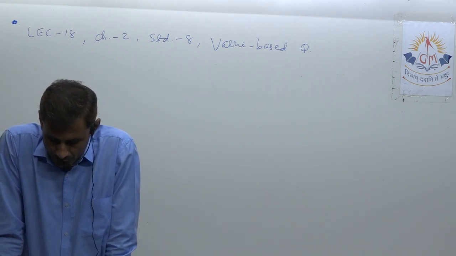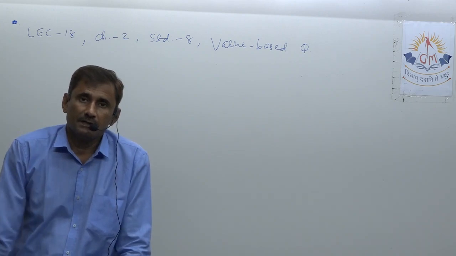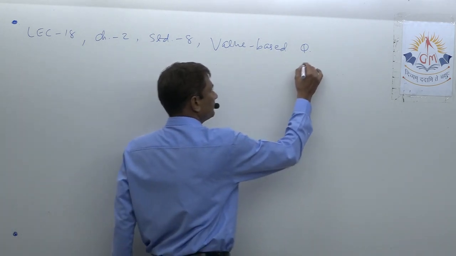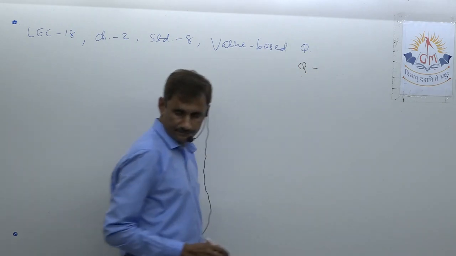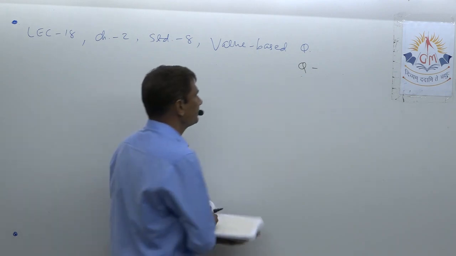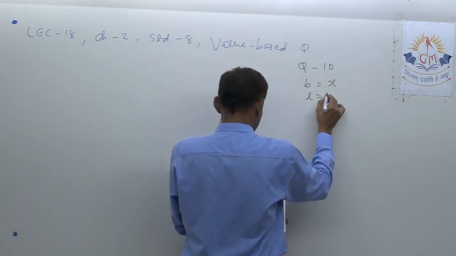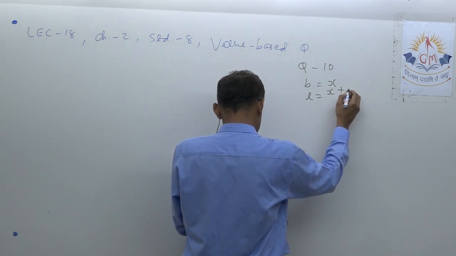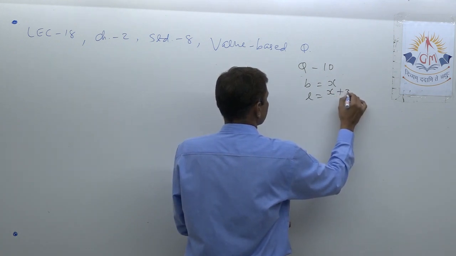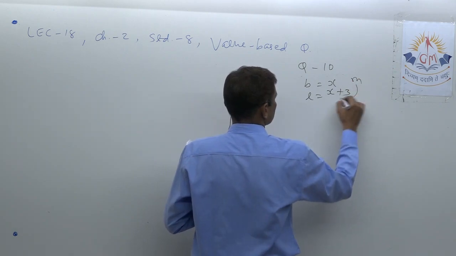So if I suppose the breadth is x, then the length will be x plus 3. Obviously, they have given it. Okay, so we suppose the breadth x meter, the length x plus 3 meter.